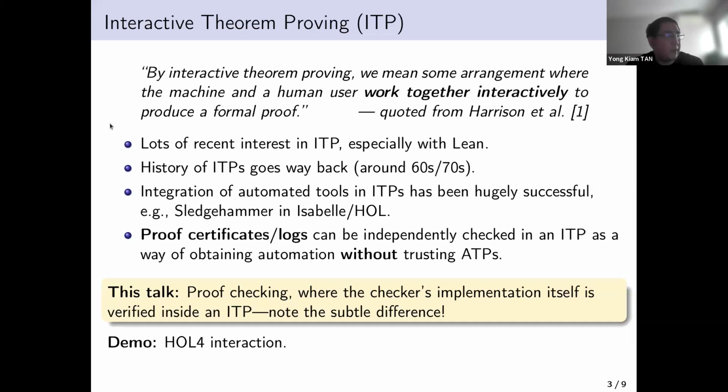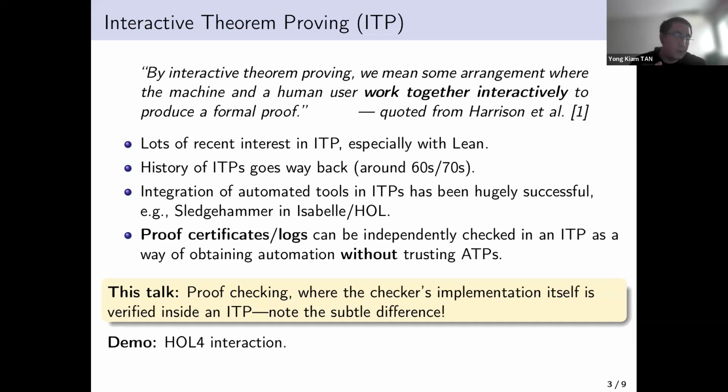One of the ways in which these hammers work is to have these ATPs produce proofs, and then have those proofs be checked independently within the ITP itself, as a way of getting the automation of the ATP without necessarily having to trust them within the ITP system.